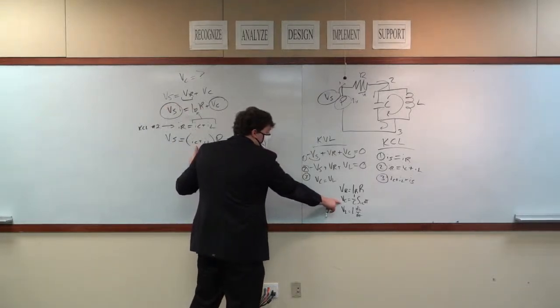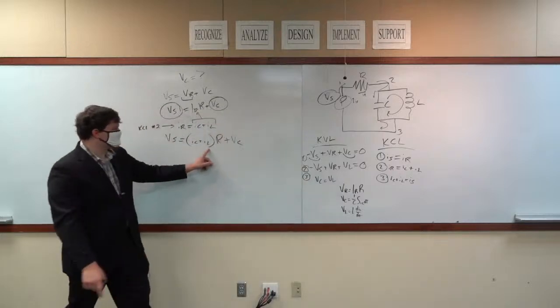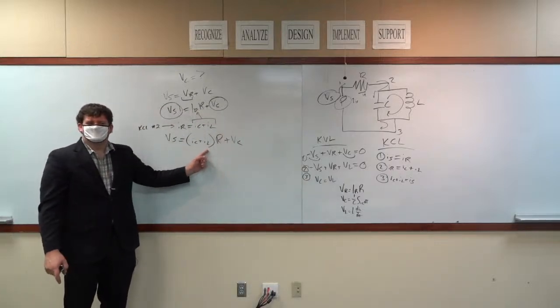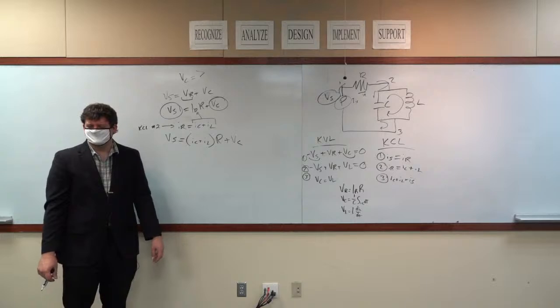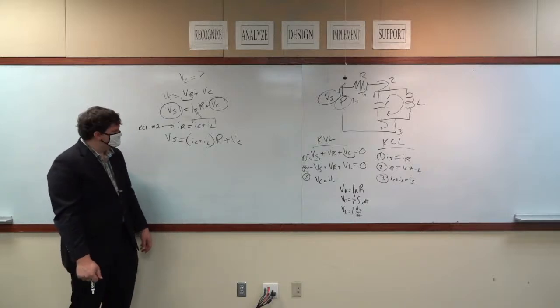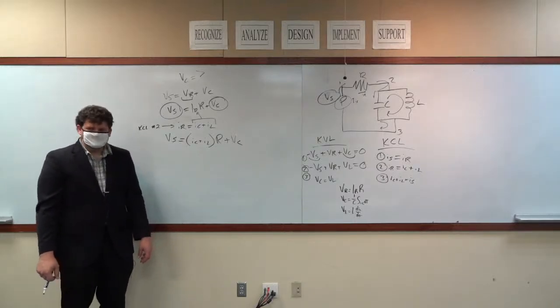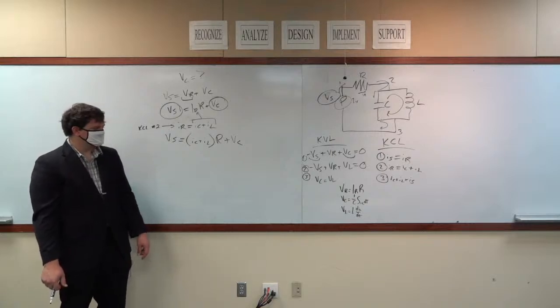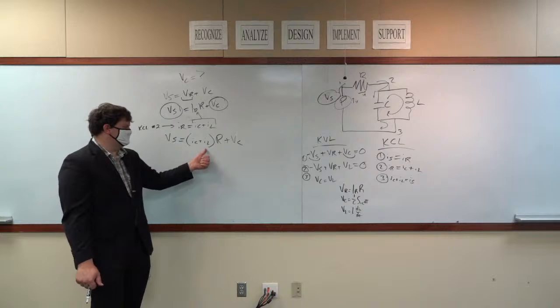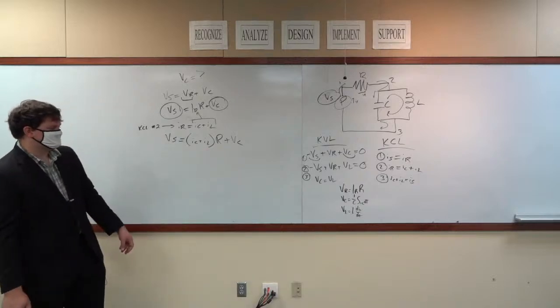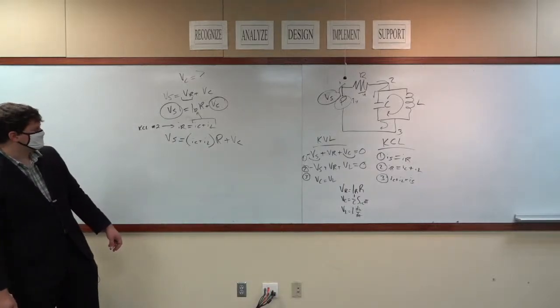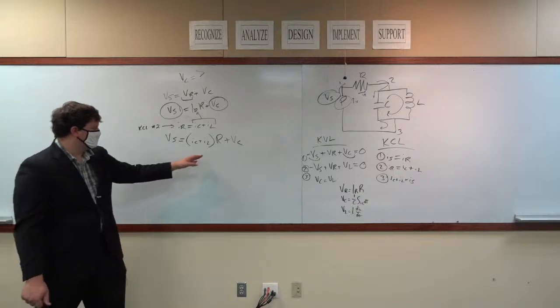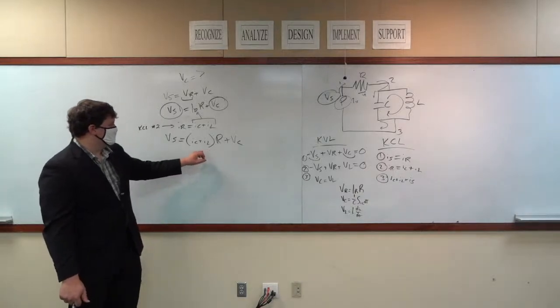We have that equation right here. What about this one? Can't we put it in terms of the source? What do you mean? I don't think we put IL as IC plus IL equals IS.